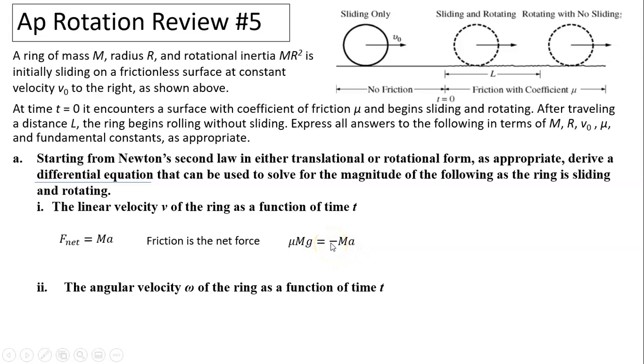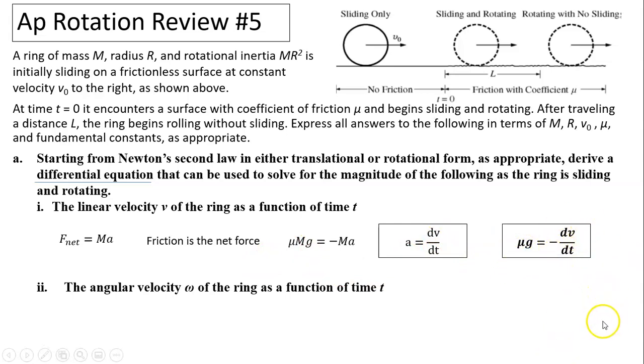Because friction reduces speed. In a sense, friction slows it down. The m cancels, and a equals dv over dt. Substituting, you have mu g equals negative dv over dt. This is the differential equation we use to find velocity.